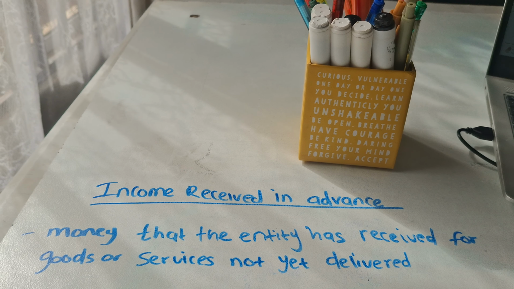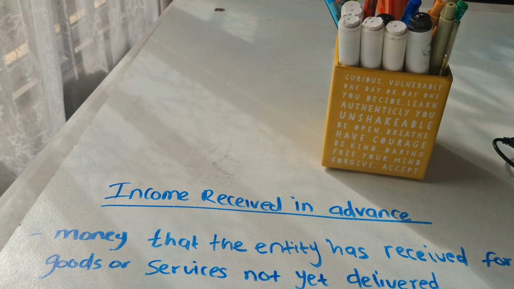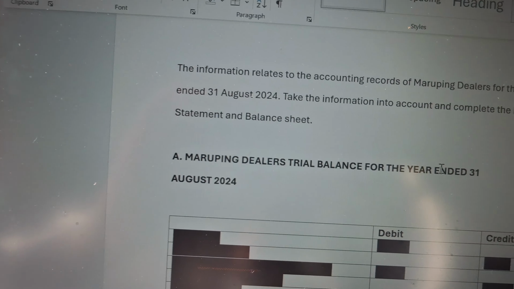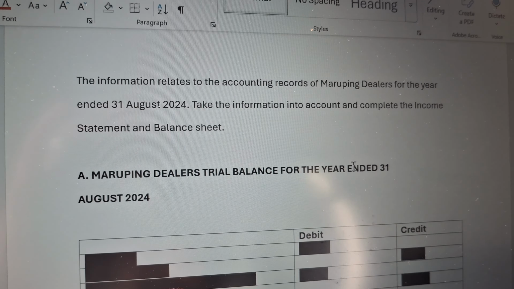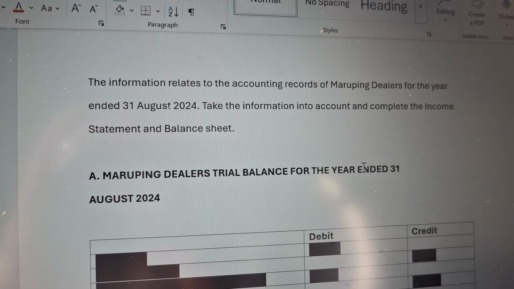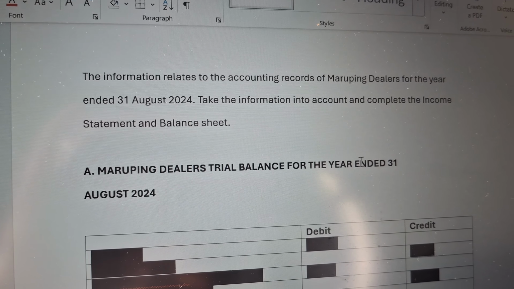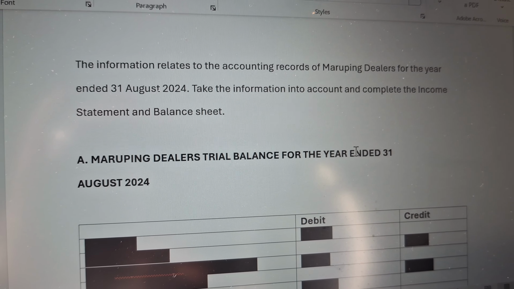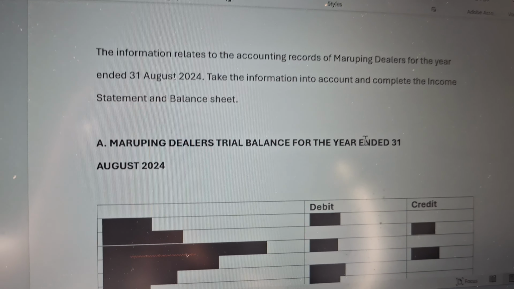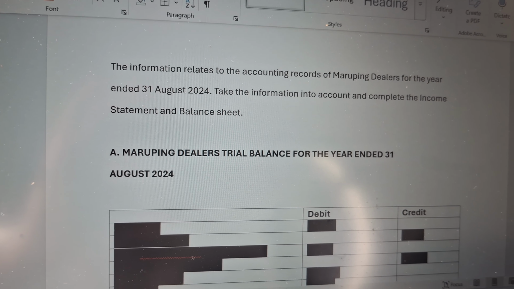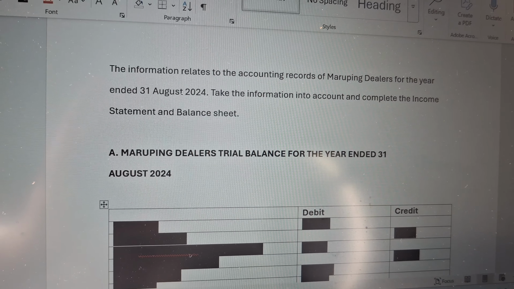So we'll look at an example following from the previous video's example. We are provided with the information which relates to the accounting records of Maruping Dealers for the year ended 31st August 2024. We are told to take into account the information to prepare the income statement and the balance sheet. Then we are given information A, which is the trial balance as at 31st August 2024.